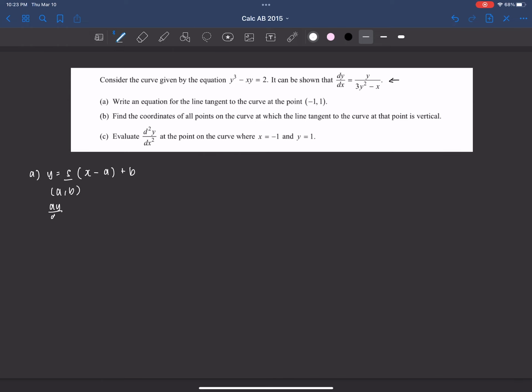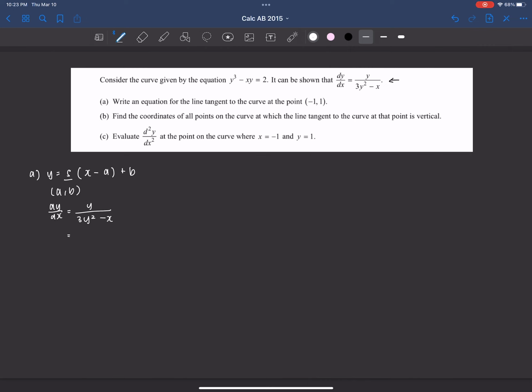So we have that dy/dx equals y over 3y squared minus x. And we have the point (-1, 1), and we need to use both of those values in this equation because we have y's and x's.